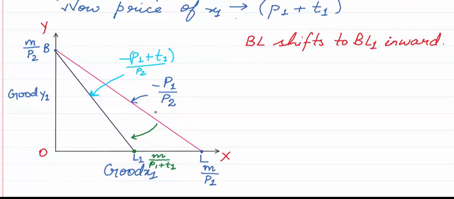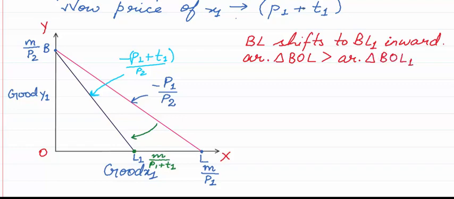Here we can also say that the area under the budget line has decreased because the area of triangle BOL is more than the area of triangle BOL1.